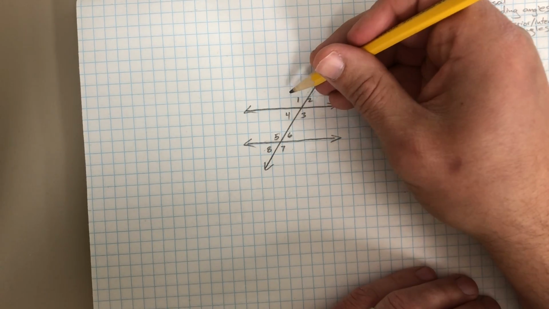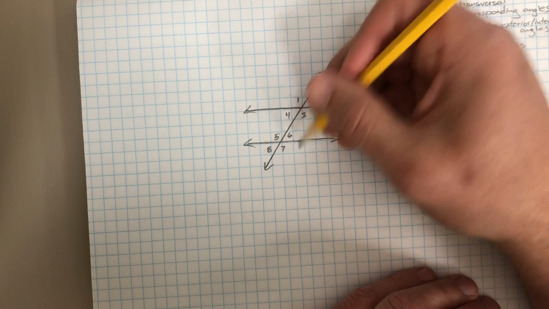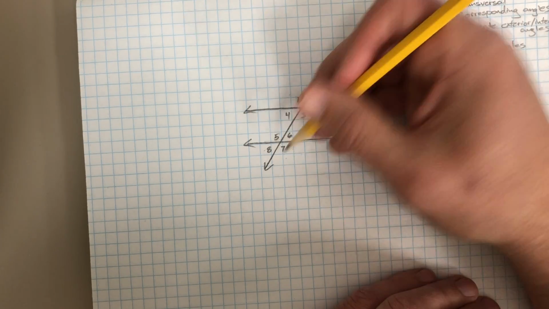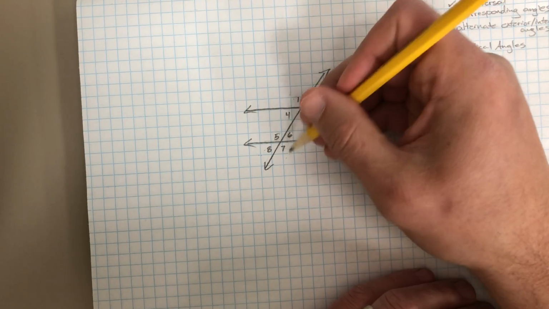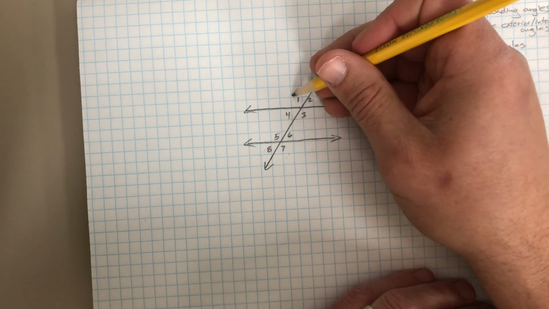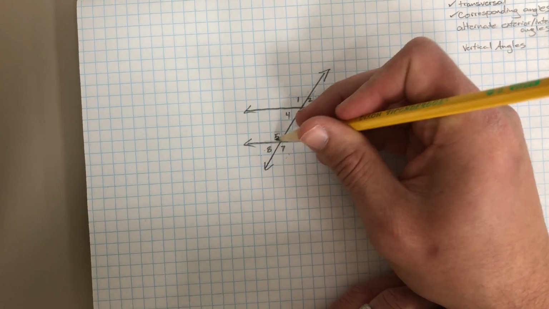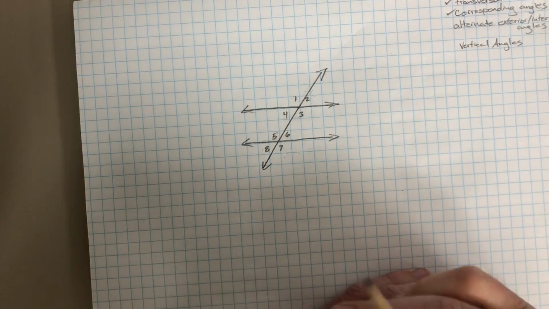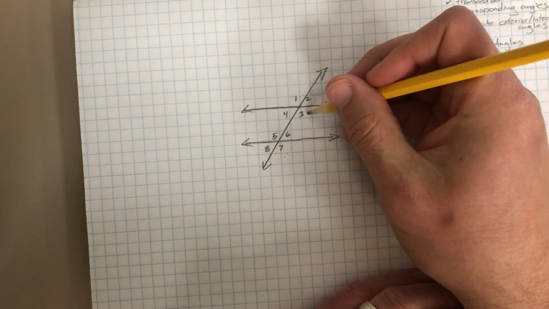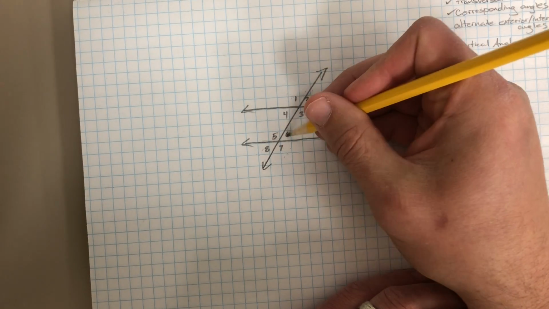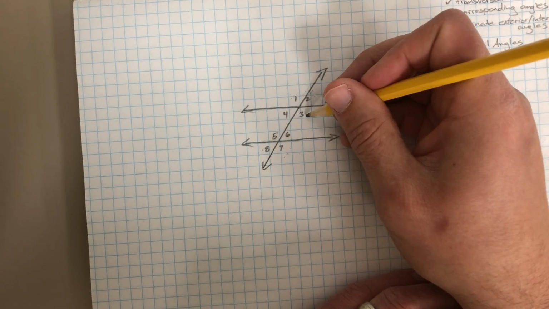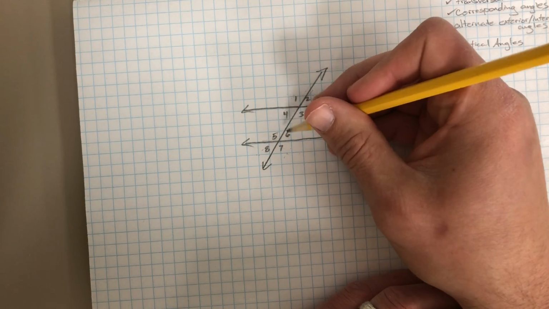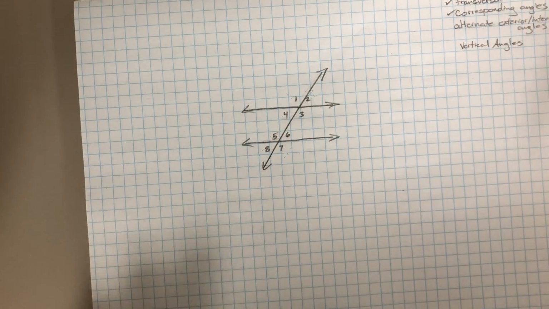And alternate means it's on the opposite side of the transversal. So 1 and 7 are alternate exteriors, and 2 and 8 are. And if you notice, 1 and 7, those angles are congruent. 2 and 8, see, they're both acute angles. Those are also congruent. The same thing when we're talking about these four interior angles. 4 and 6 are alternate interior angles, and 5 and 3. 5 and 3 are congruent, 4 and 6 are congruent.